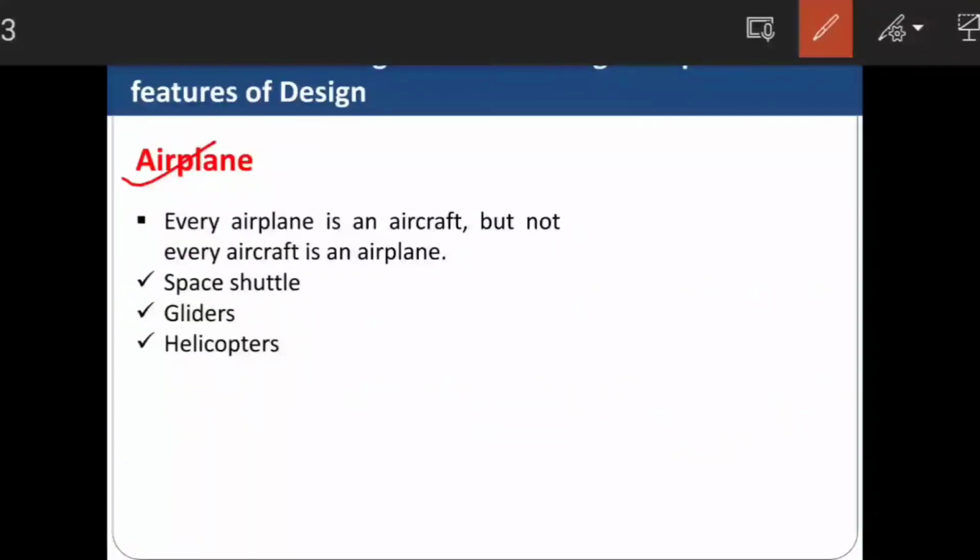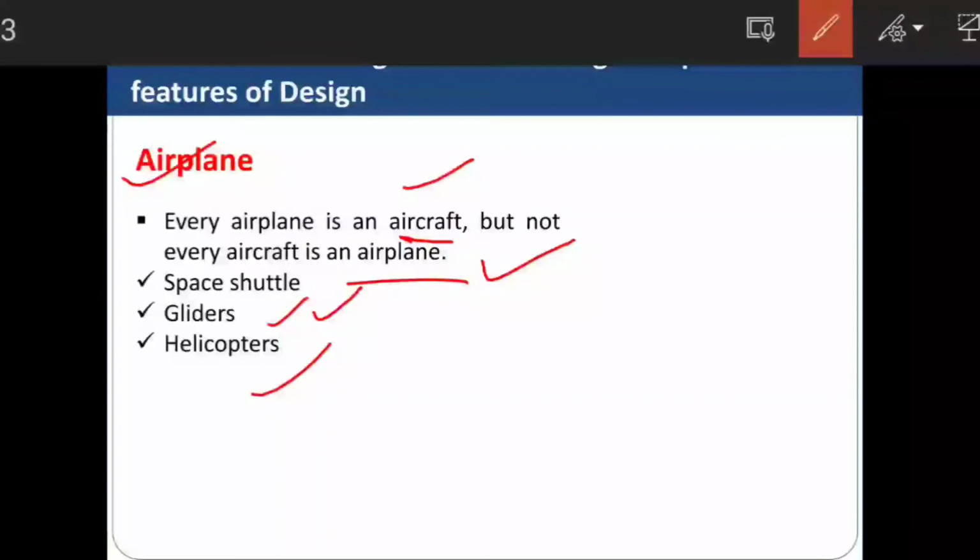Every airplane is an aircraft, but not every aircraft is an airplane. If you see the definition I taught you, an airplane is not a space shuttle, glider or helicopter. An airplane is an aircraft, but not every aircraft is an airplane. So this difference is also very important.